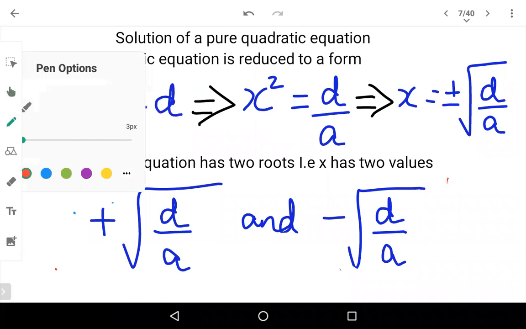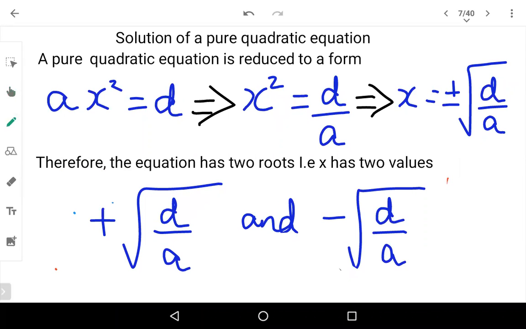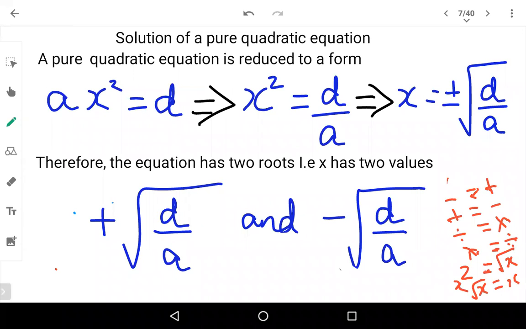Now when it is minus on one side, it's going to become plus. When it is plus on one side, it's going to become minus. Division will become multiplication. Multiplication will become division. Correct? Similarly, square on one side will become square root on the other side, and square root on one side will become square on the other side.